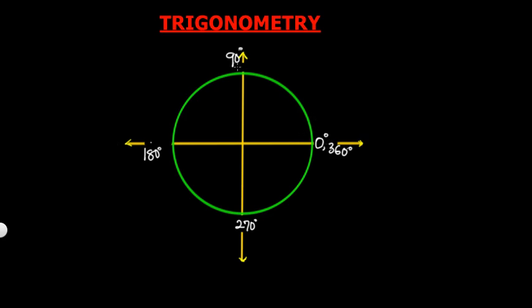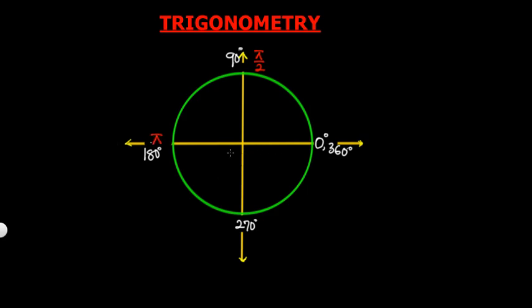If it moves to this place, this becomes pi over 2. That's another way we can represent 90 degrees. So in degrees, it is 90 degrees. In radian, it is pi over 2. And when it is 180 degrees, the radian form is pi.